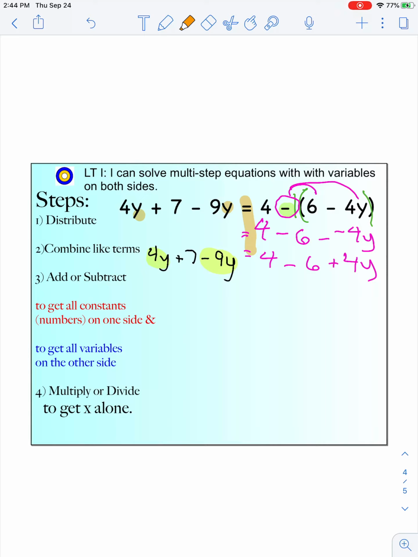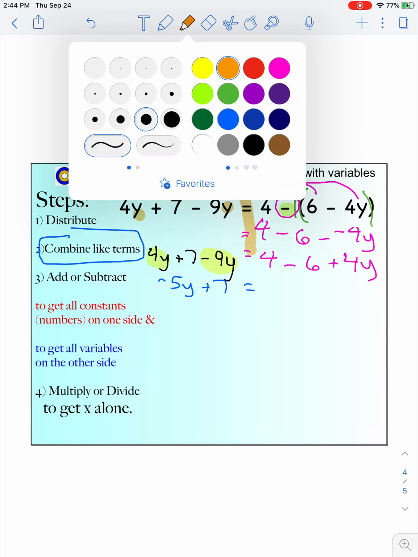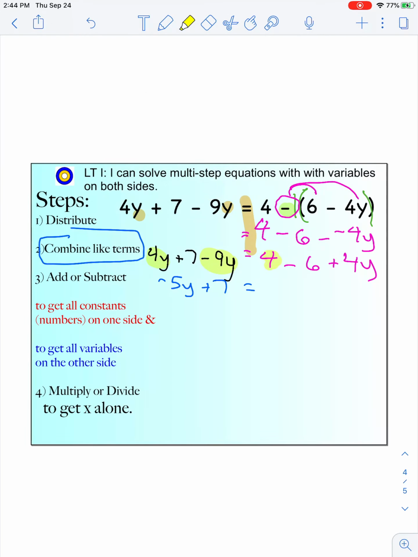What we do here is we just combine the like terms. So 4y minus 9y gives me -5y plus 7 equals, and I have some other like terms on the other side, the 4 minus 6 that I need to take care of. So that gives me -2 plus 4y.